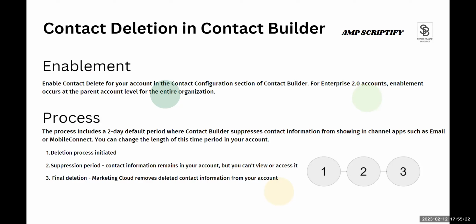I think initially it was 500K. Now they have made it 1 million per contact deletion that you can do in Marketing Cloud. But it still depends on how many contacts you're deleting. So I'll definitely not go with 1 million. I'll always go with 500K.